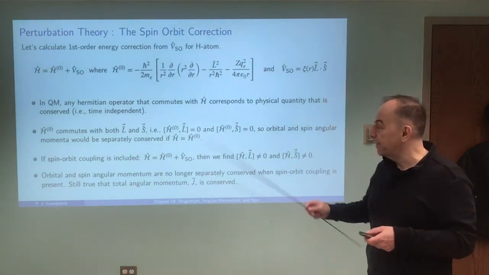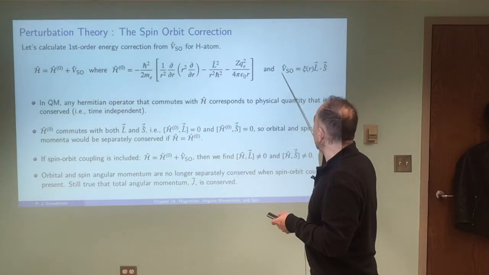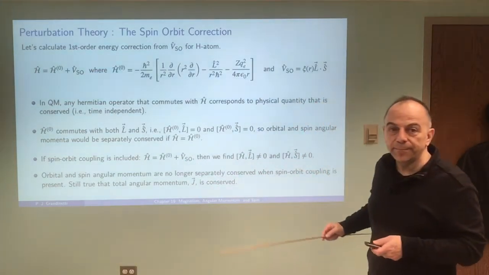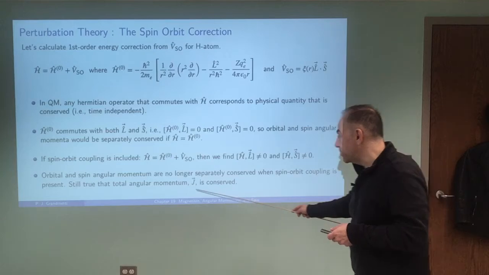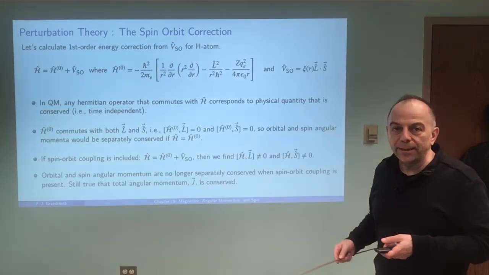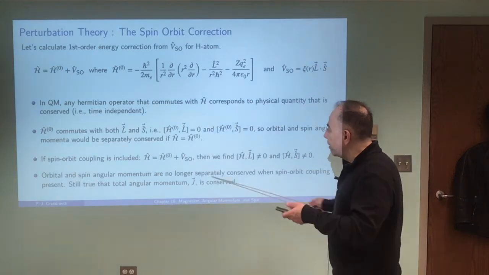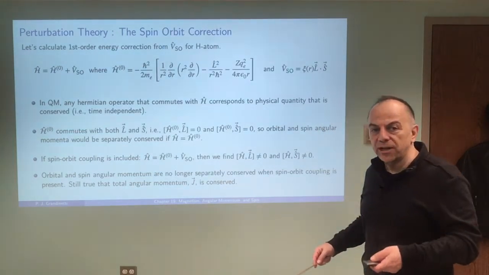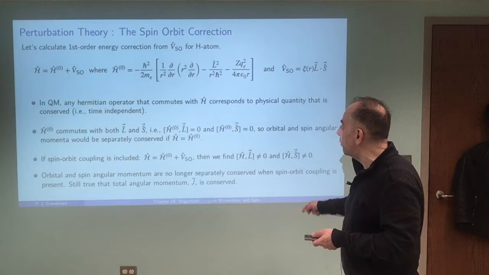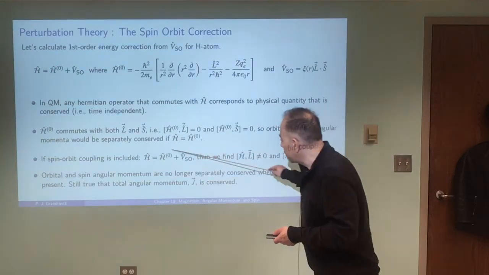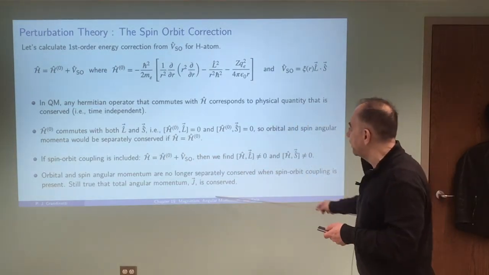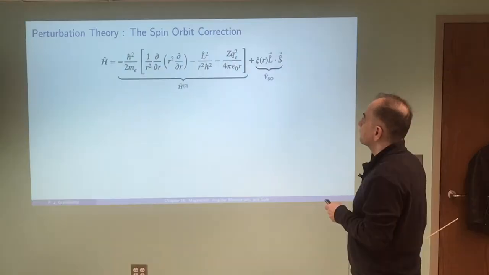They will be moving in a hydrogen atom where this spin-orbit coupling is present. Now, it's still true that the total angular momentum will be conserved. There are no torques acting on our hydrogen atom, so the total angular momentum will stay conserved, and that will definitely commute with our total Hamiltonian and be time independent.